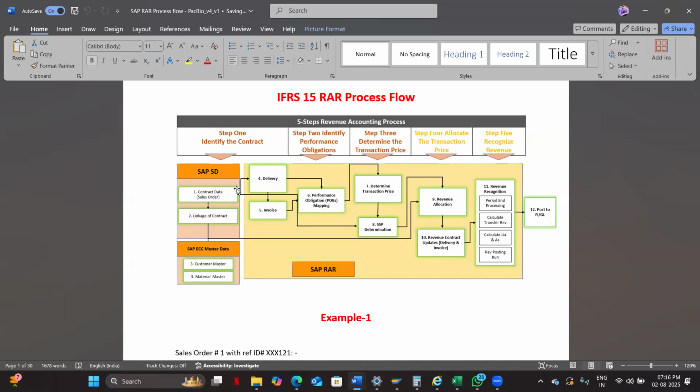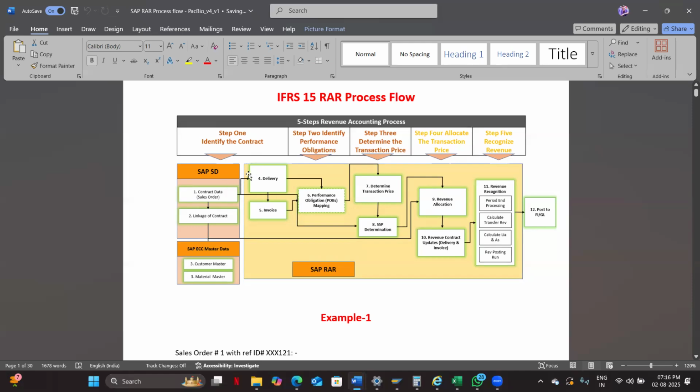Firstly, for allocation, we are identifying the contract, which means how the contract happened, the start date, the end date, and how the customer is purchasing, event based or time based. Those things we need to identify for allocation.